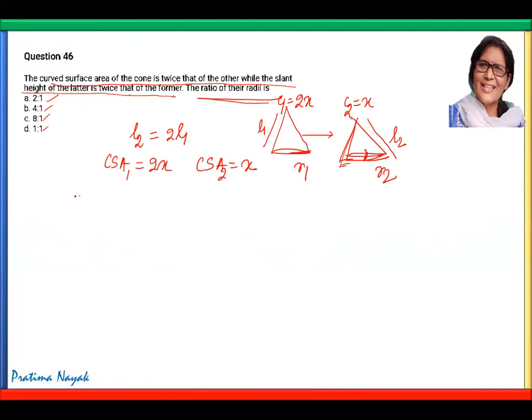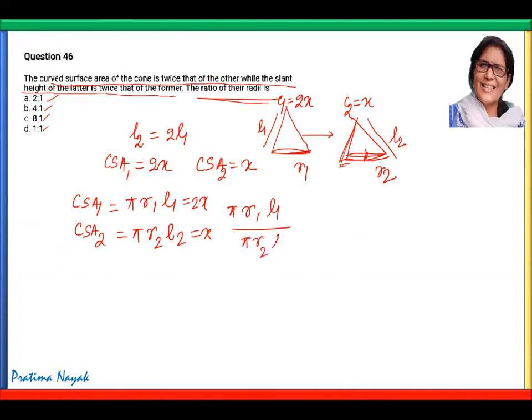So let us write formula. CSA1 is how much? Pi R1 L1. And what will be CSA2? It will be pi R2 L2. Now let us write the ratio. So this is your 2x, this is your x. So pi R1 L1 by pi R2 L2 is equal to 2x upon x.